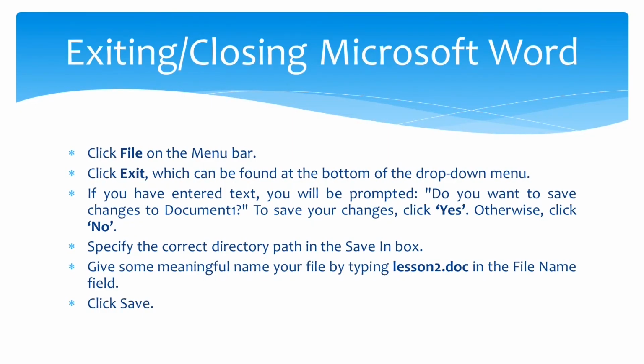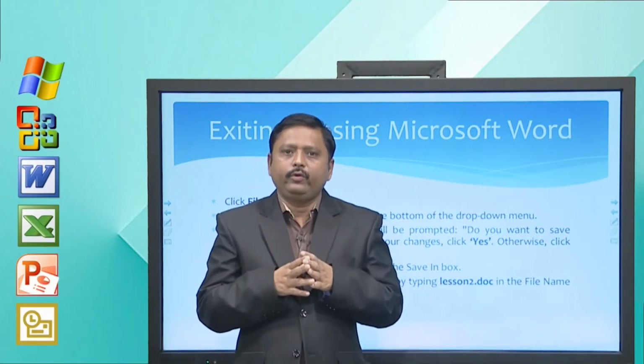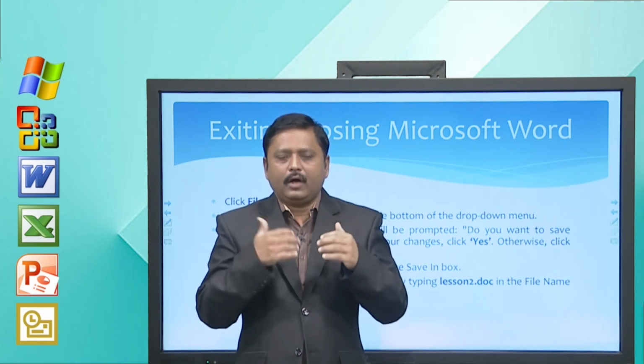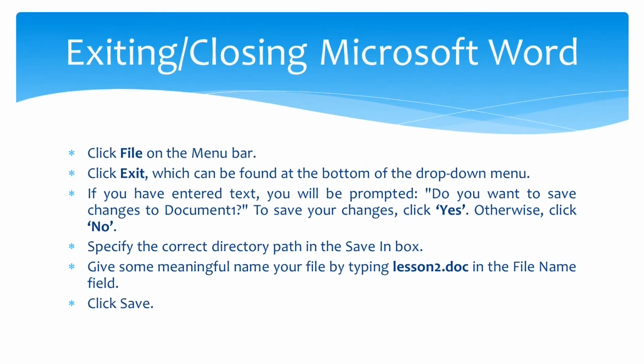Now, how to exit or close Microsoft Word, right? Now, there are two ways to exit from Microsoft Word. You can click on File menu and then select Exit option, right? Now, we understand how to use Word, means how to start Microsoft Word and what are the different parts of your Microsoft Word interface.